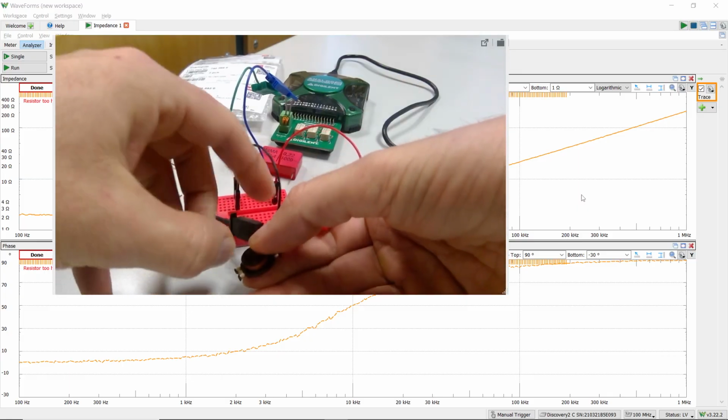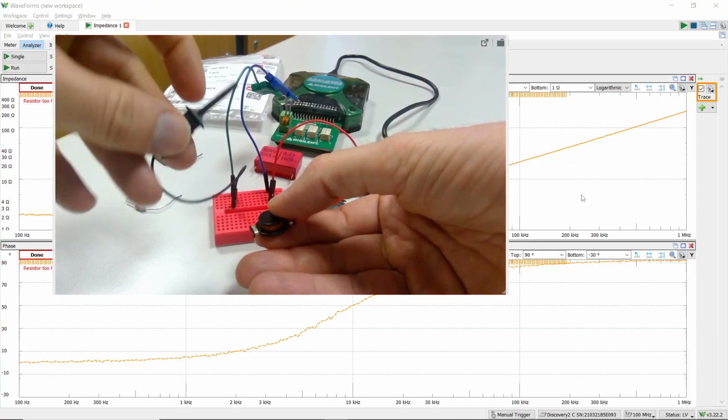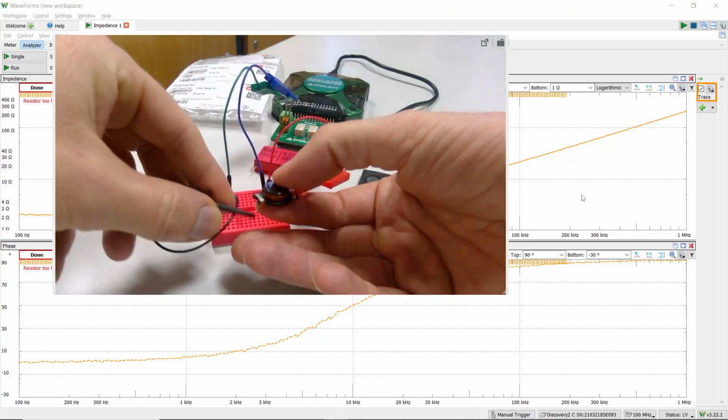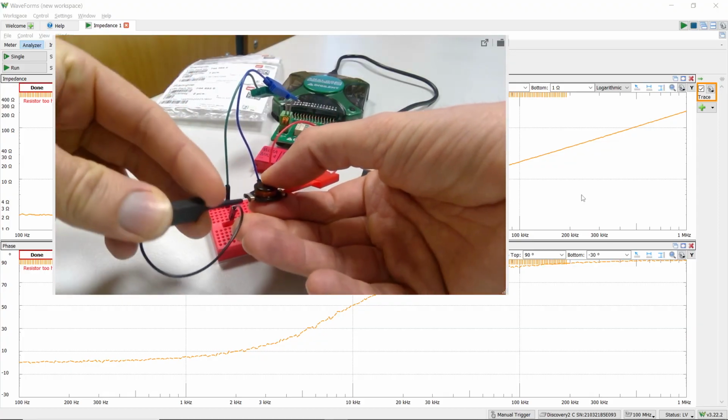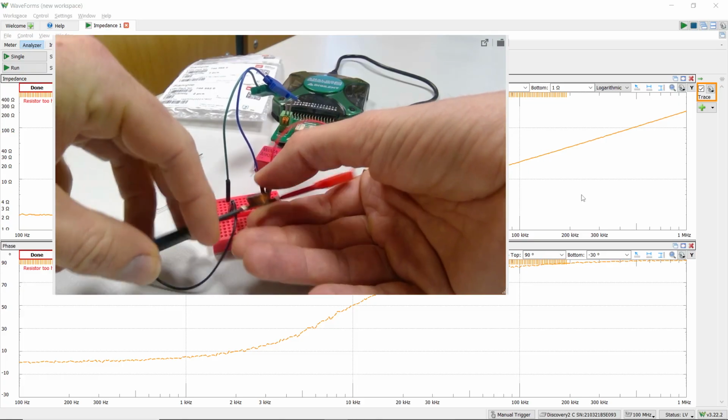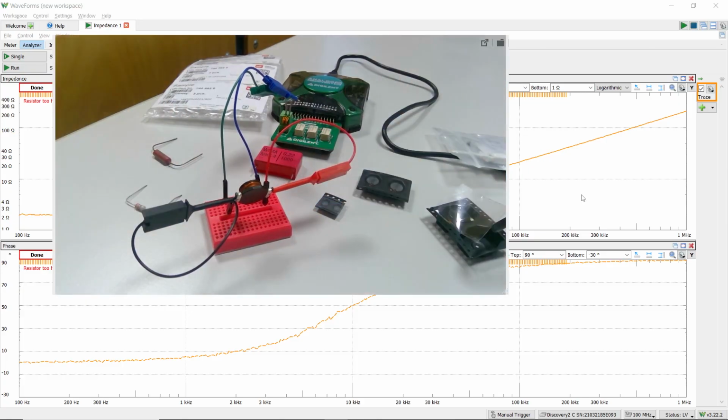This connects to this side, and this connects to the other side. Okay, it's not nice, but it's somehow connected.